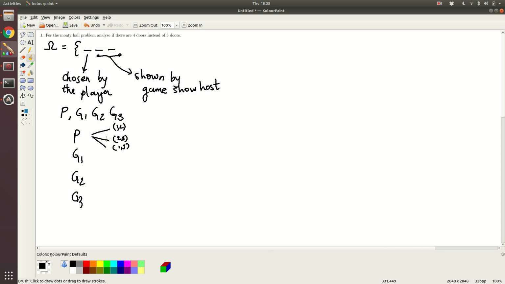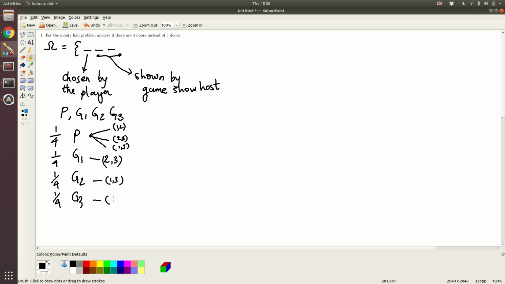Of course we can treat 1, 2 and 2, 1 as different things, but let's not complicate that. So what is the probability of having this? This is 1/4, 1/4, 1/4 and 1/4. Once, let's say, the player has chosen G1, the game show host has no choice but to show 2 and 3.